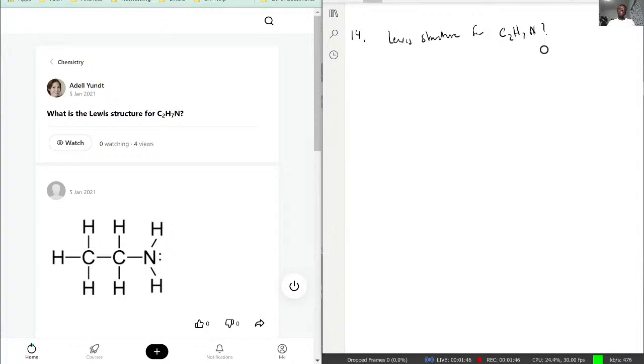It's an organic compound, and we have the C2, H7N. Typically, for ethane, it would be C2H6, because it would be 2n plus 2, which would make sense.